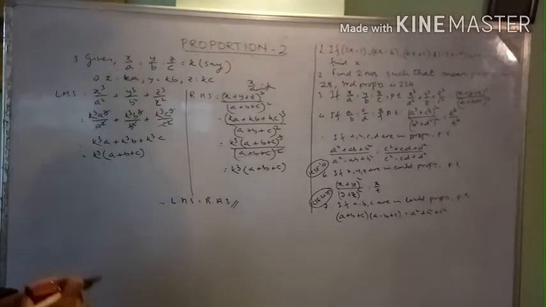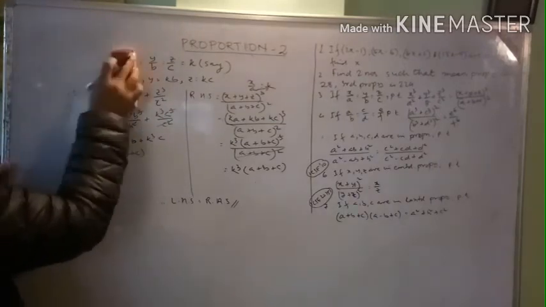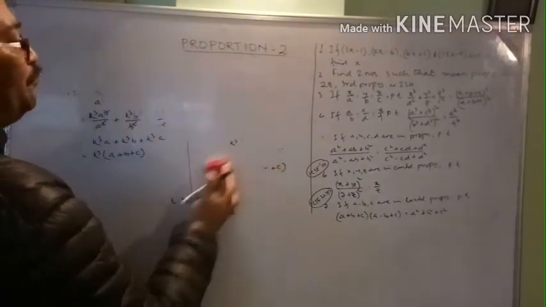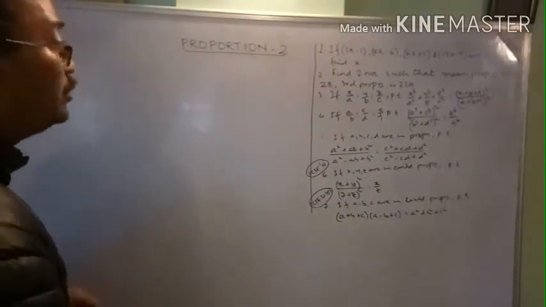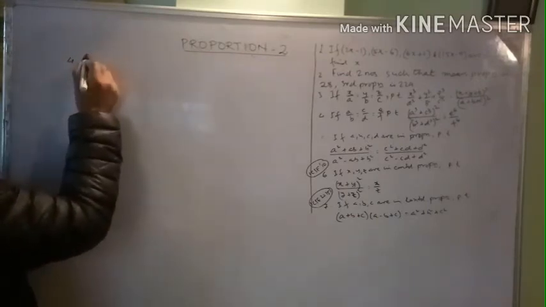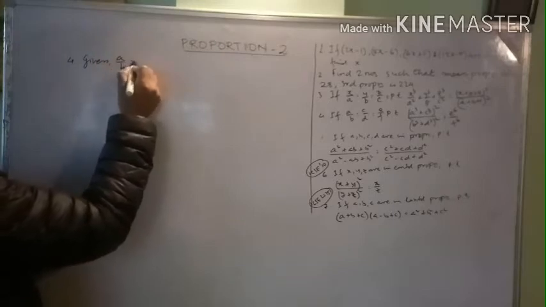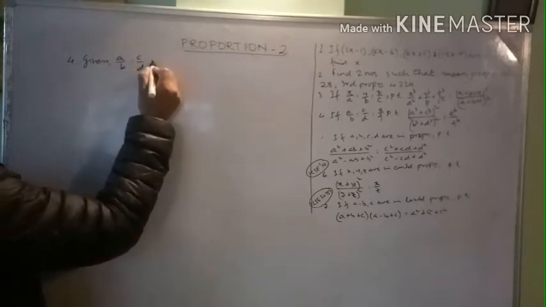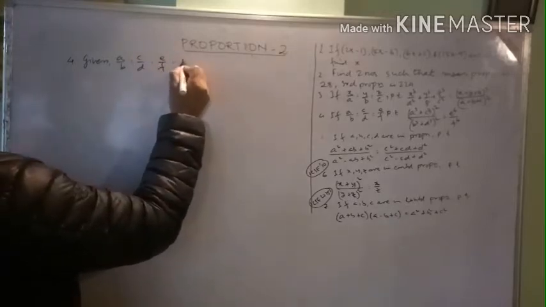Now we'll take another one. Question number 4. This is similar to this question. Given a by b is equal to c by d is equal to e by f equal to k.